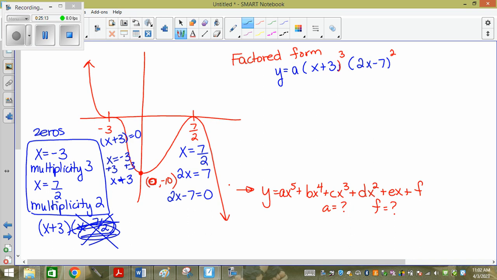So then we plug in 0 and negative 10. Negative 10 equals a(0 plus 3) cubed, and then (2 times 0 minus 7) squared. Negative 10 equals a times 27 times 49. Some people will go 3 times 3 instead of 3 cubed. 27 times 49 is 1,323a.